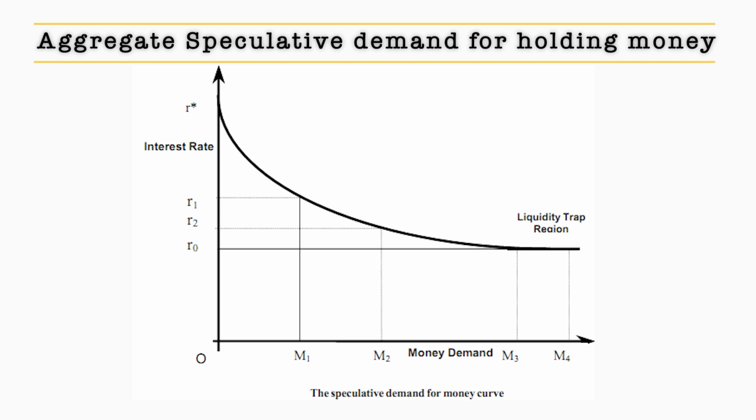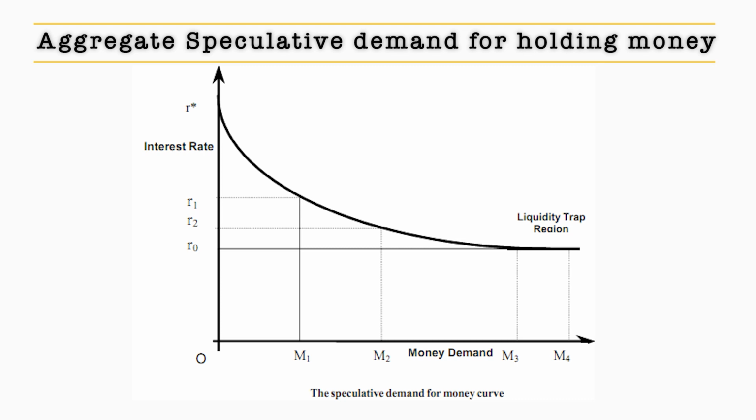So this is basically the liquidity preference schedule. Keynes calls this the liquidity preference schedule, where we see that there is a relationship between the interest rate and the demand for money, basically the speculative demand for money. At a very low interest rate, almost all investors would expect the interest rate to rise substantially in the future. At this rate, there is a general expectation of capital loss on the bonds that will outweigh the interest earnings.